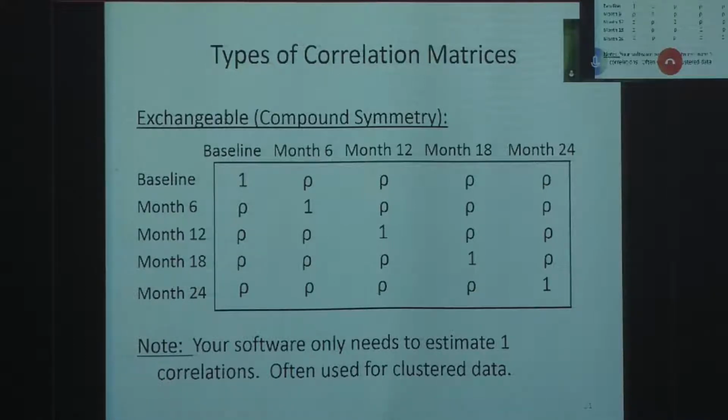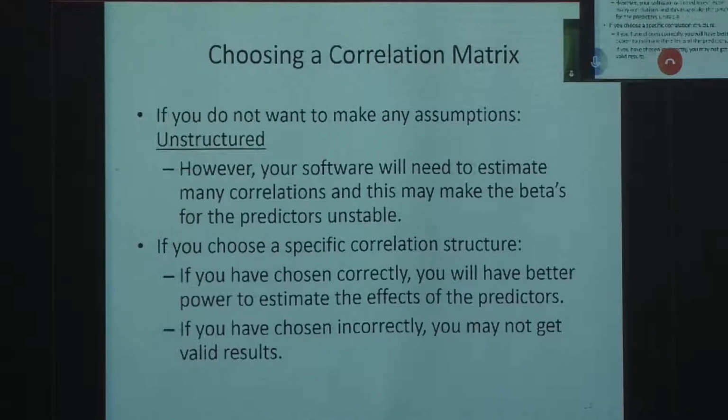So again, it's a standard choice, but one you should not make for longitudinal data, but it gives you a sense of there are better choices and worse choices. And if you don't want to make any assumptions, just go with unstructured. But your software may need to estimate many correlations, makes the betas unstable, and loses power. So if the betas are unstable, it means they have large standard errors.